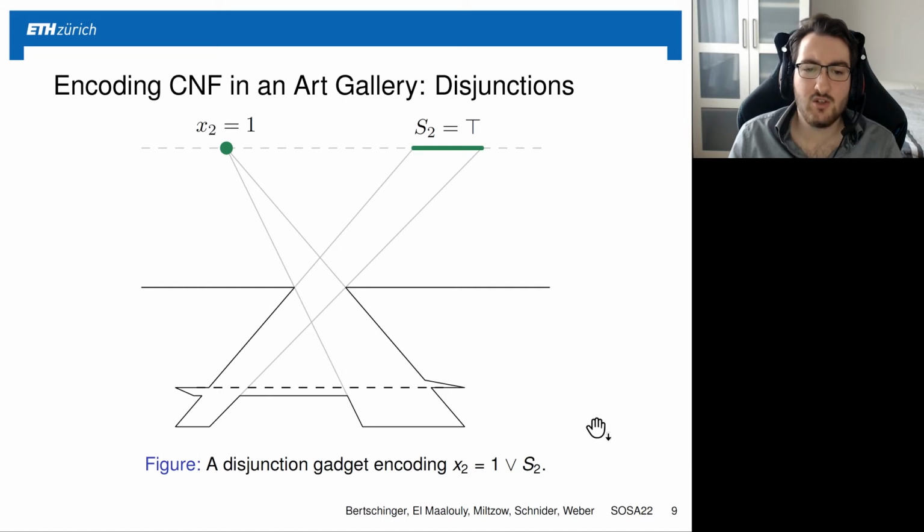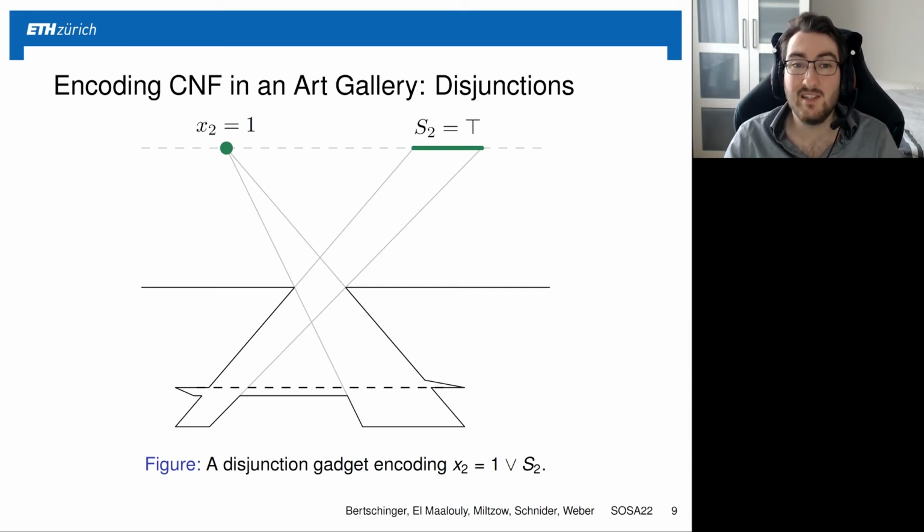And our additional guard on the dashed segment can only watch one of these corridors at once. So if this whole gadget should be guarded with just one additional guard inside of it, then one of these corridors has to be guarded by a different guard, which is going to be a guard on either of our green areas. So we know that this gadget can be guarded with one additional guard if and only if there is at least one guard on one of our green areas, which is exactly encoding the constraint that we want to have.